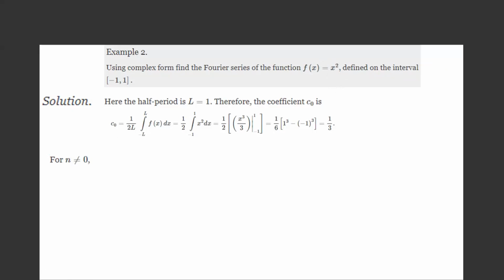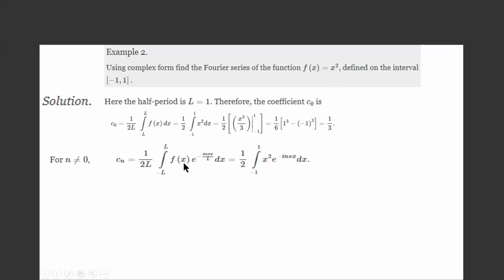Let's go for n not equal to 0, so I will go for the Cn formula, which is this one. 1 over your period, whatever your period is, and integrating from minus half of your period to the other half of your period. Your function here, again, you are not going to multiply by cosine or sine, you multiply by the exponential function.